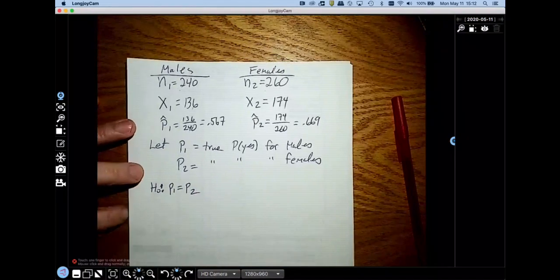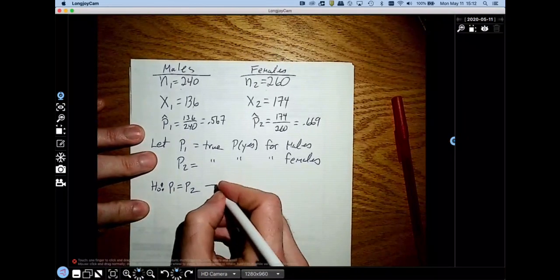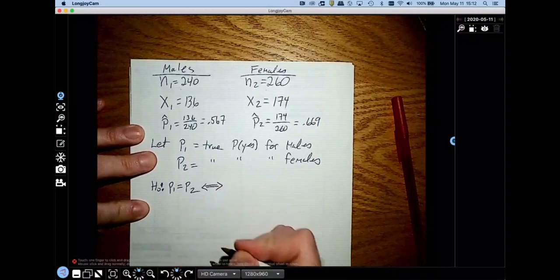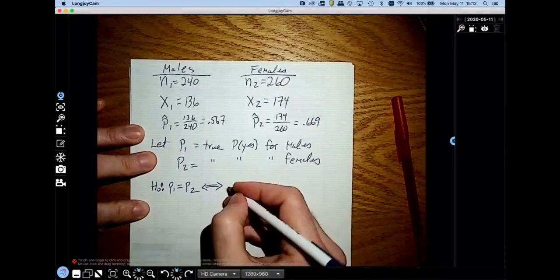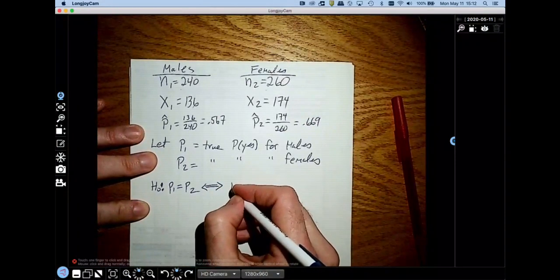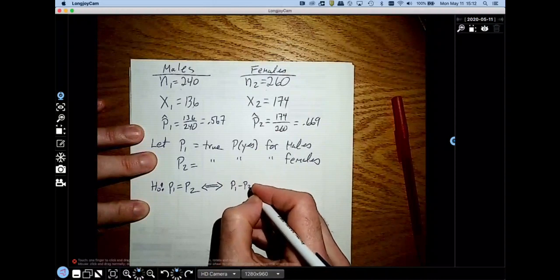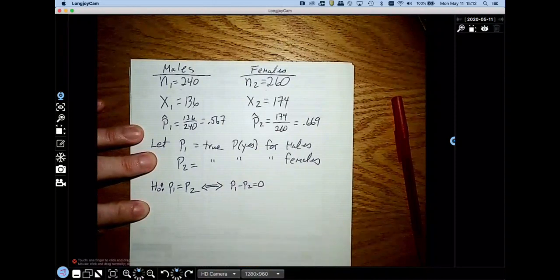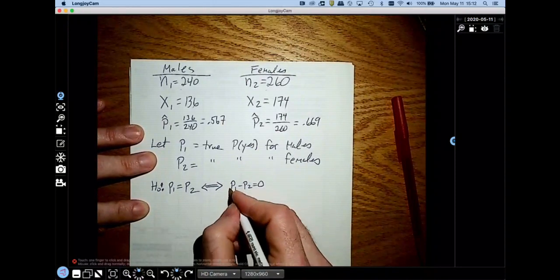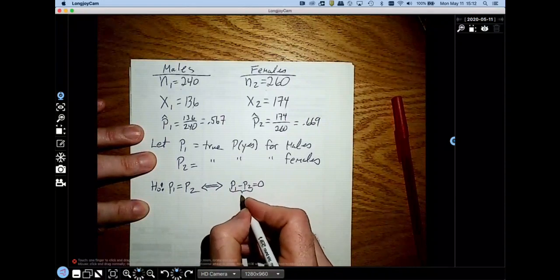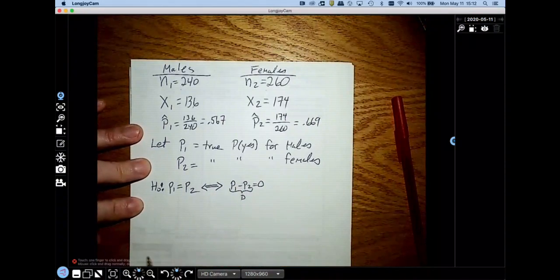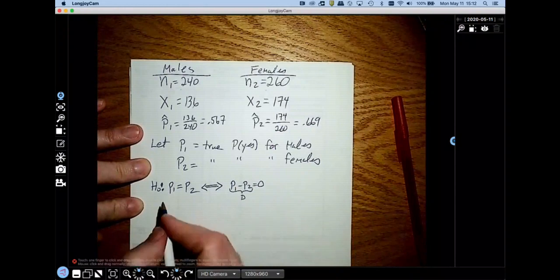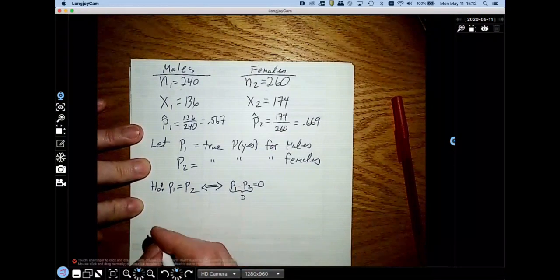This null hypothesis is completely equivalent to the null hypothesis that P1 minus P2 is equal to 0. Sometimes I'll call this difference between them D. So that's completely equivalent to testing the equality of these proportions.